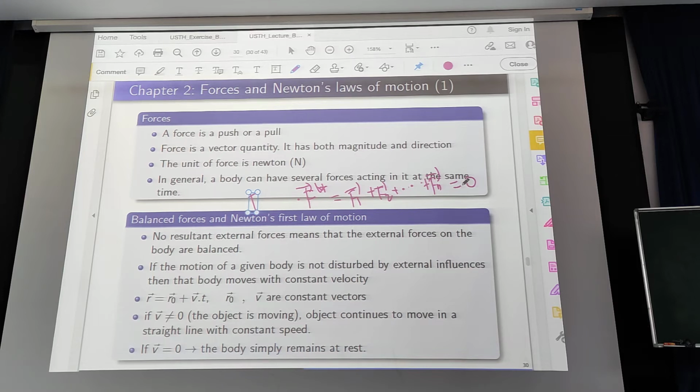Also, another meaning is that the laws of Newton are correct only in an inertial frame. An inertial frame is a frame in which the laws of Newton are correct.